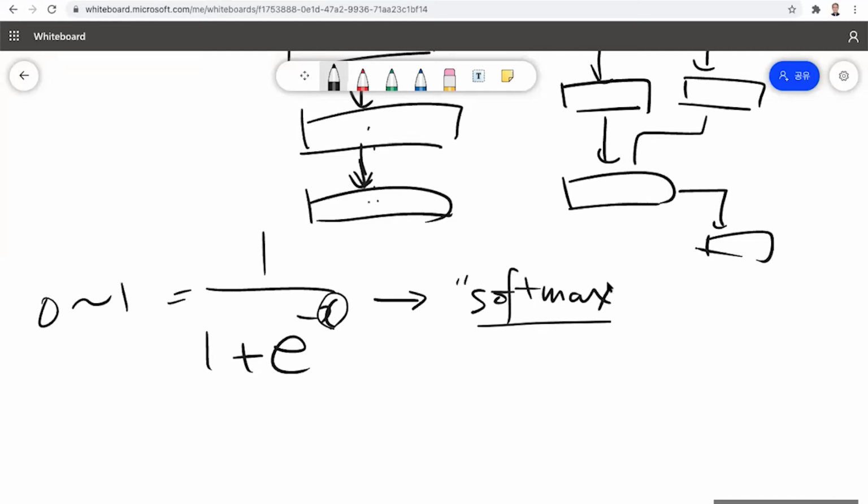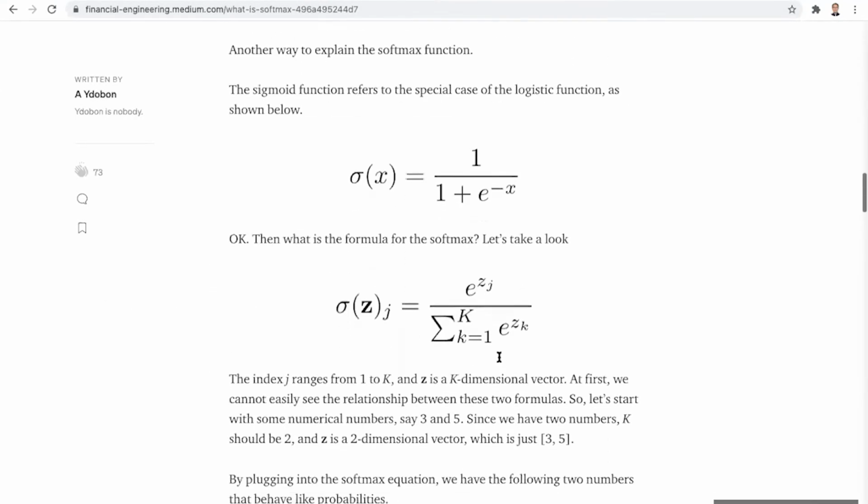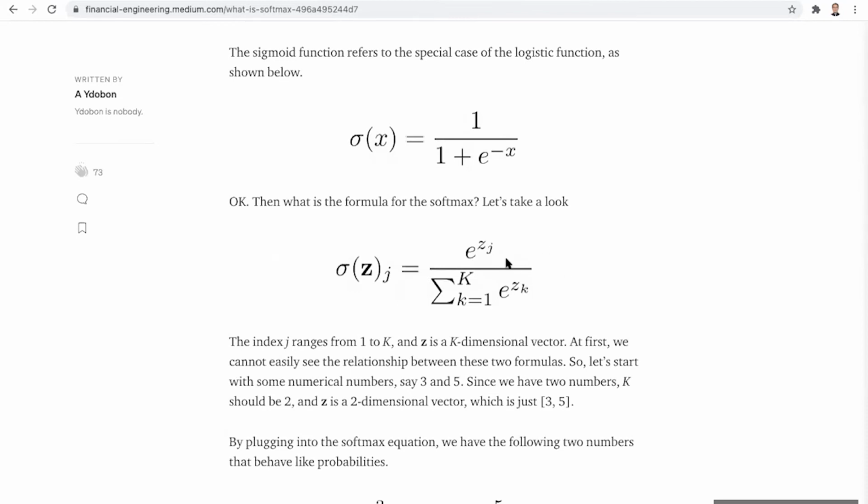It looks like a very fancy name, but it is just a generalized version of the logistic, or sigmoid, function. The definition is a little bit down here and a bit more complicated, but if you think of your J as just 0 and 1, then you will get this one again.